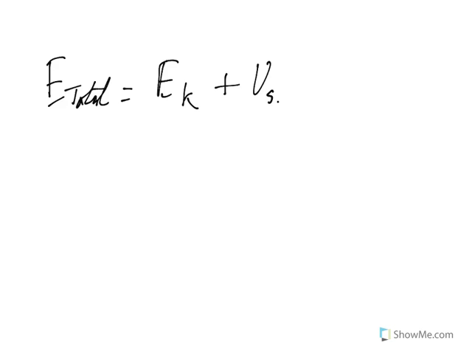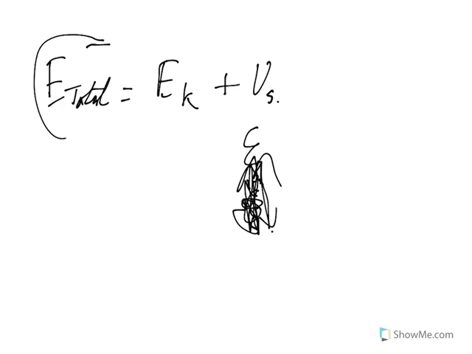All right, so if you've got something that's on a spring and it's bouncing up and down like this, beautiful diagram, then throughout that motion the total energy will remain the same, but the balance of which of those will change. All right, so let's have a look at an example.